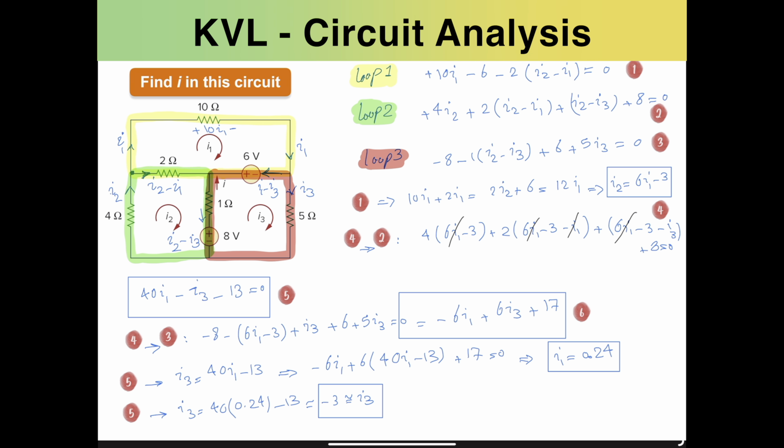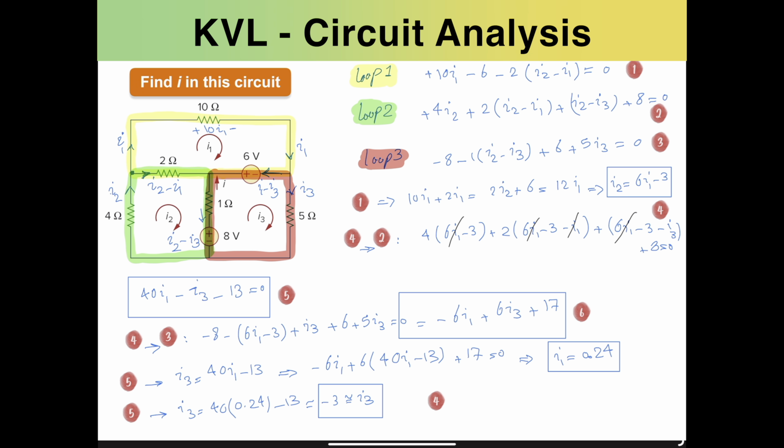Now that we have i1 and i3, we only need to find i2. And the easier equation for us to find i2 is equation number 4, since we know i1 and we can implement that through equation number 4. So let's do that.